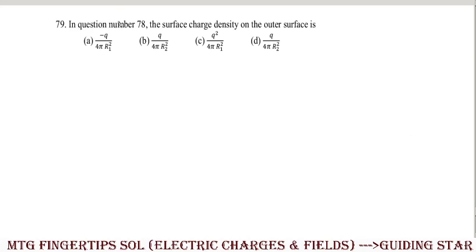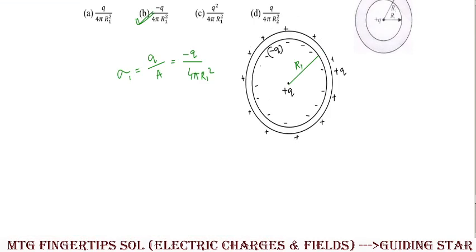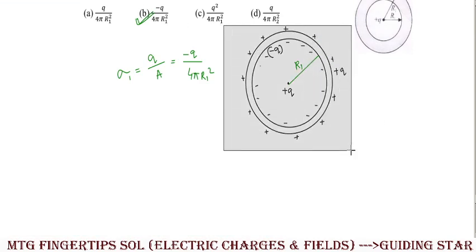Okay, connected question 79. In question number 78, the surface charge density on the outer sphere is. Outer sphere में सरफेस चार्ज डेंसिटी कितना होगा? So let me just take the photo of this figure.